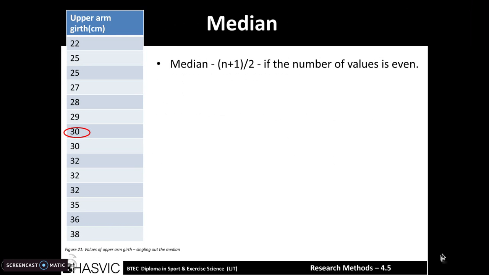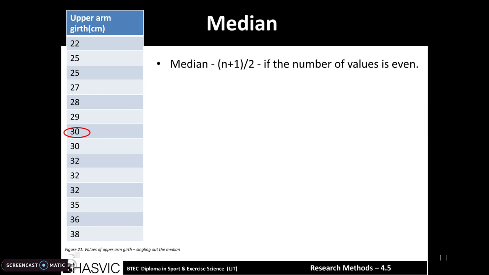Next is the median. When the data is in rank order, the median is the middle value. However, if there is an even number of values, then you find the position of the median by adding 1 to the number of values there are, then dividing that number by 2, and that will give you the position of the median.